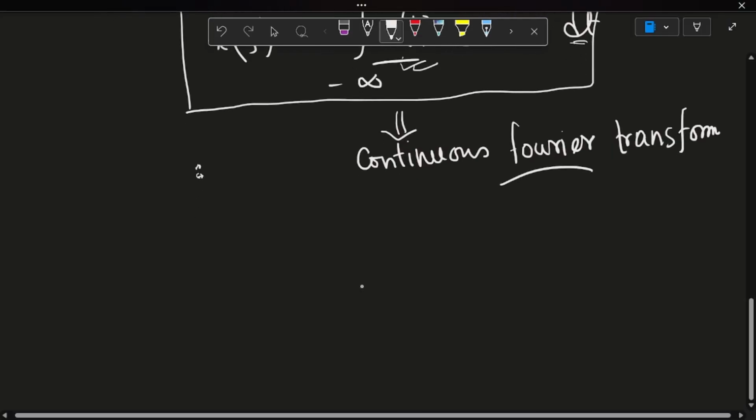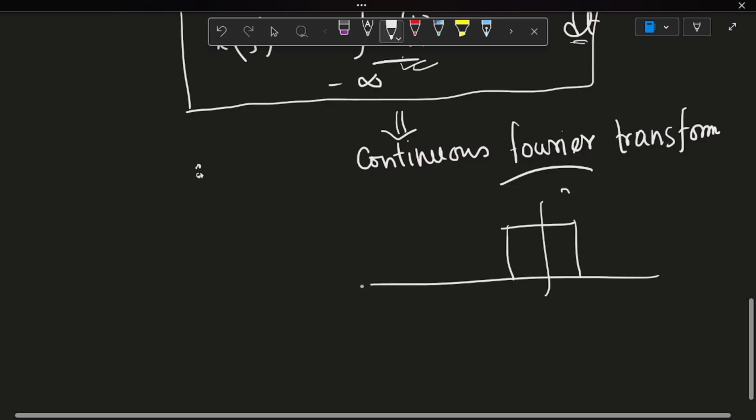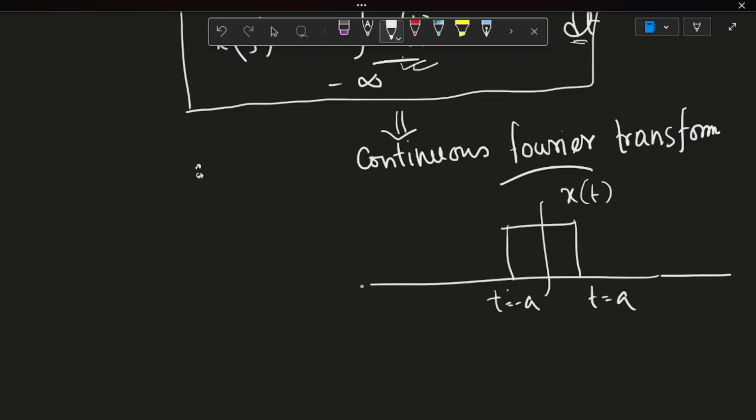So let me take a kind of function. Suppose your x of t looks like this. Suppose this is t equal to minus a and t equal to a. This is how your function looks, and suppose this value is b.